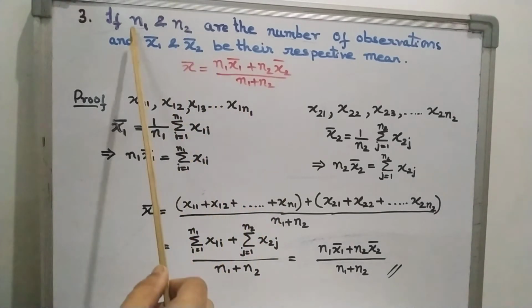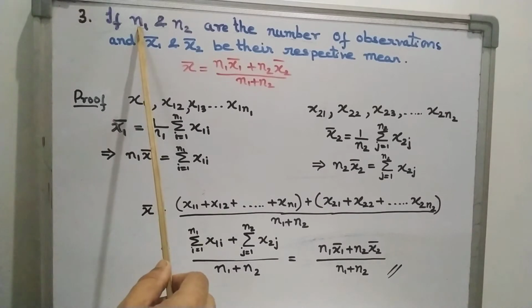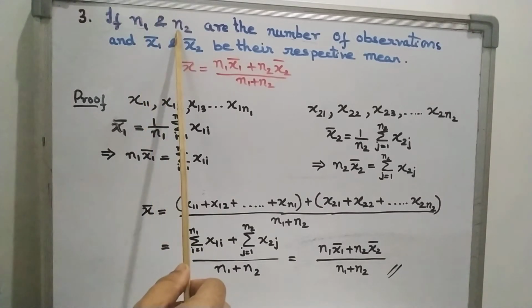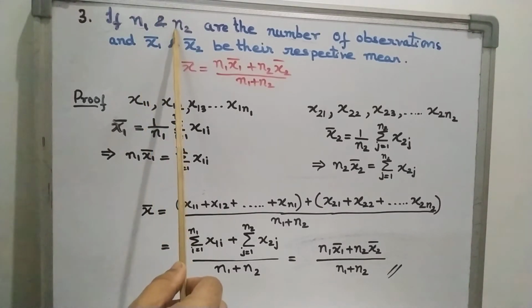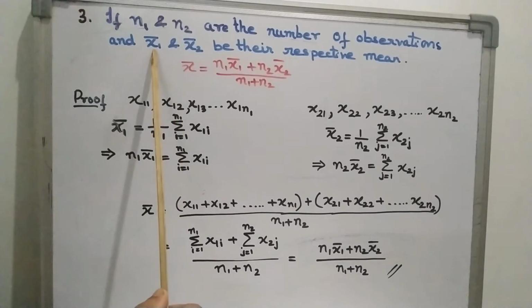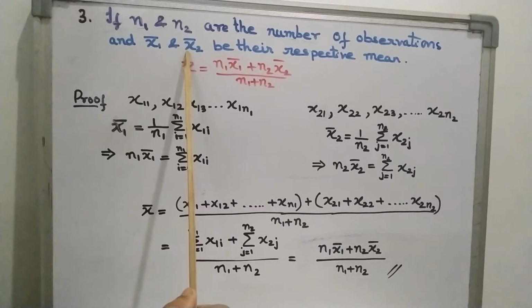Here N1 is the number of observations in the first series, N2 is the number of observations in the second series, X1 bar is the mean of the first series and X2 bar is the mean of the second series.